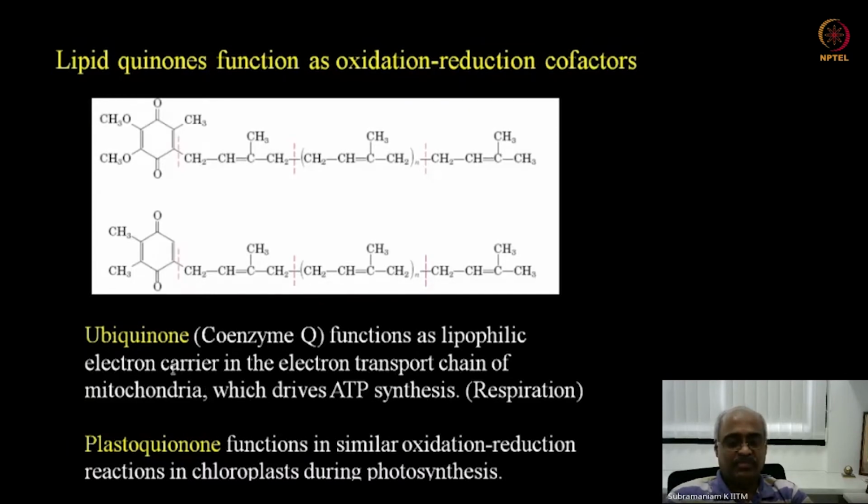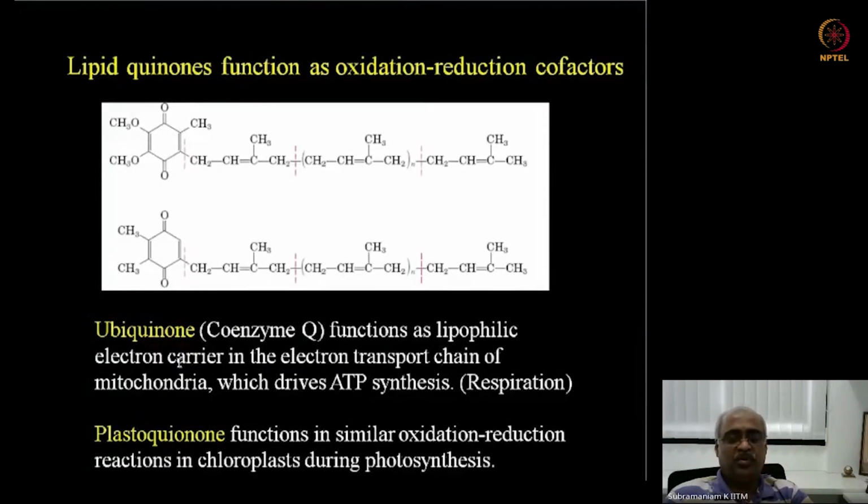Essentially in this inner membrane, you have protein complexes that are embedded in the membrane. And these protein complexes transfer electrons from the food that is being oxidized in incremental steps.